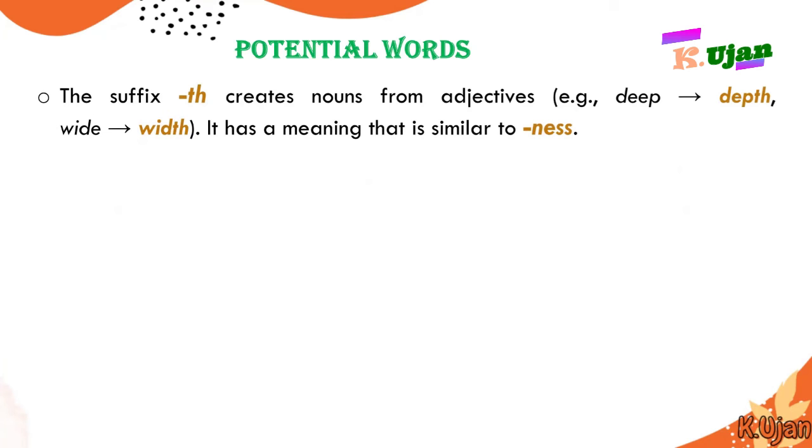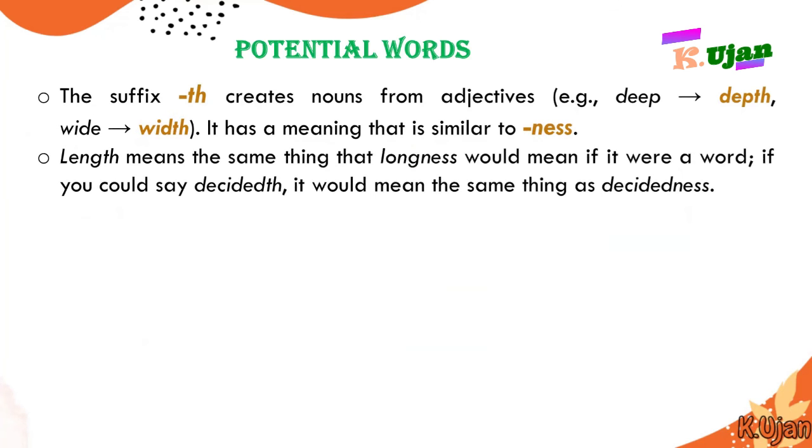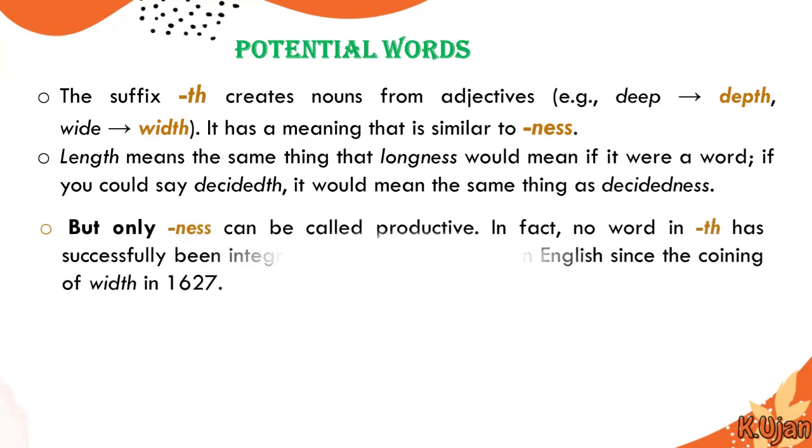It has a meaning similar to -ness. Length means the same thing that longness would mean if it were a word. If you could say decided-th, it would mean the same thing as decidedness, but only -ness can be called productive.